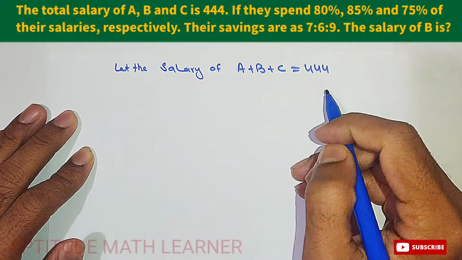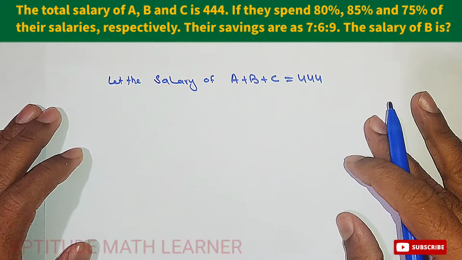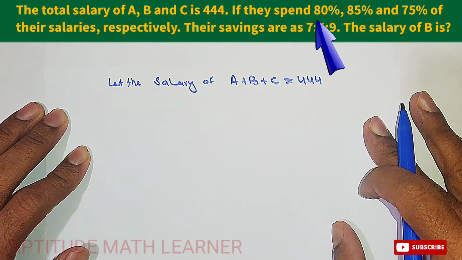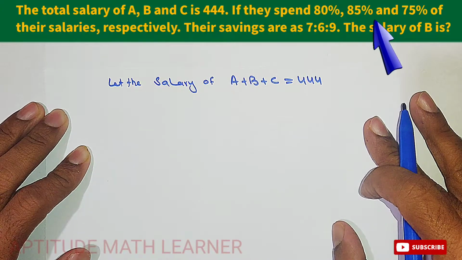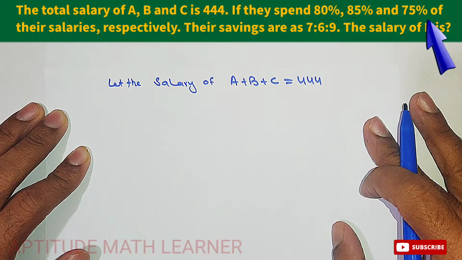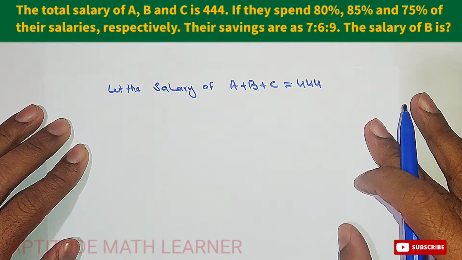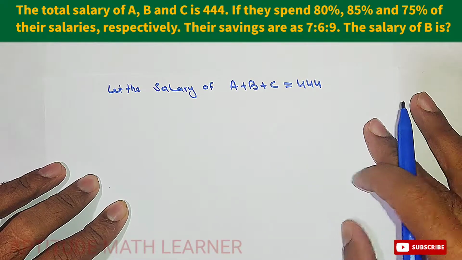So this is the total salary. Now the question says they spend 80%, 85% and 75% of their respective salaries, so we have to find their savings.